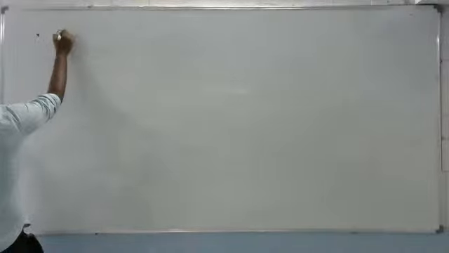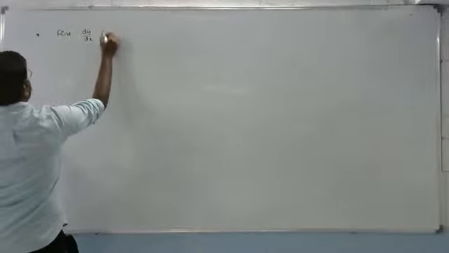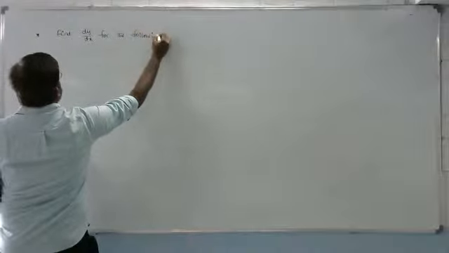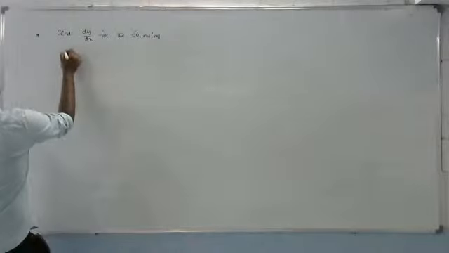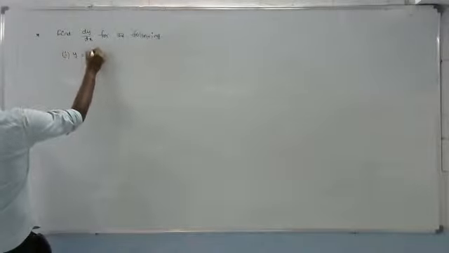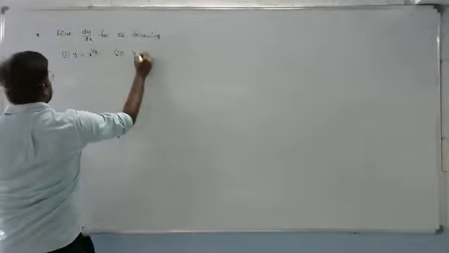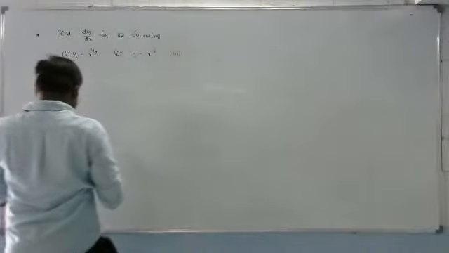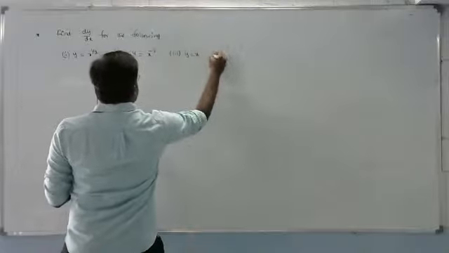Find dy by dx for the following. I think you already have this material, basic physics. First, y equal to x power 1 by 2. Second, y equal to x power minus 3. Third, y equal to x.